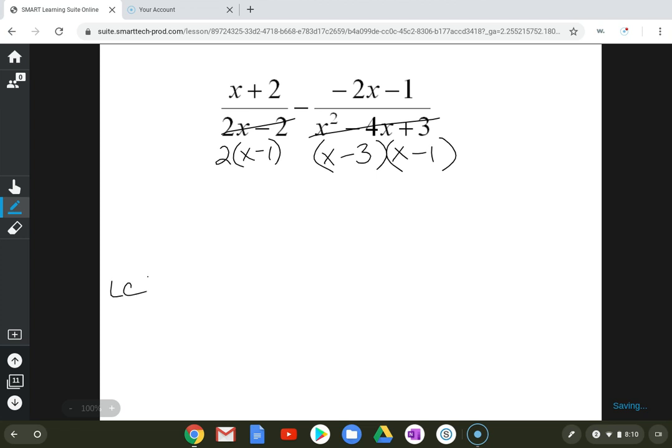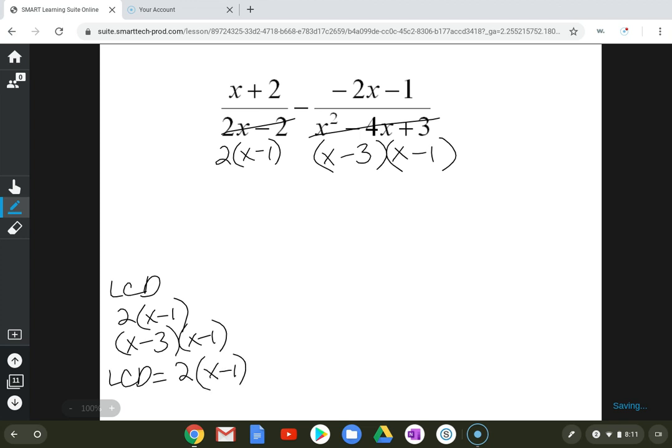My LCD. So I need a 2 and an x minus 1 from my first denominator. I have an x minus 3 and an x minus 1 from my second denominator. So my actual LCD has to have a 2, it has to have an x minus 1, and it has to have an x minus 3.